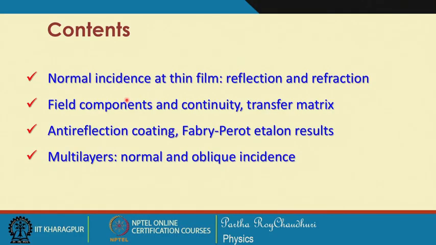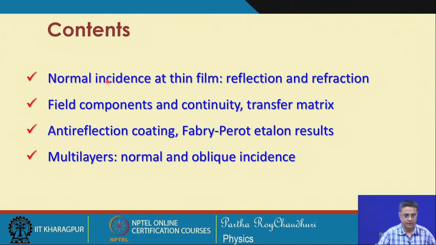So, we will organize this discussion in this way: the normal incidence at a thin film, we will consider reflection and refraction.